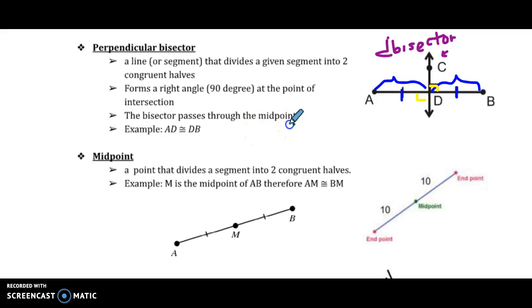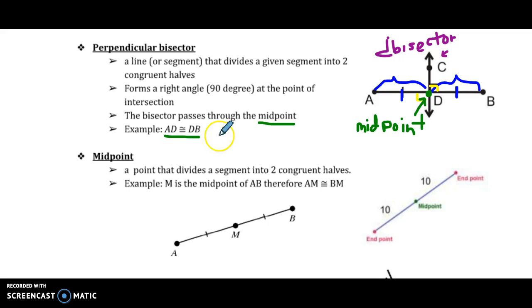And additionally, the bisector passes through what we call the midpoint, which is your next vocabulary term. So there is where your midpoint will be. And so we know that since CD has divided AB into 2 congruent parts, that AD is congruent to DB.